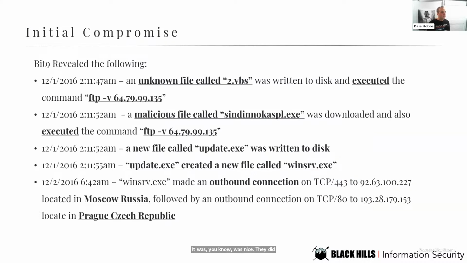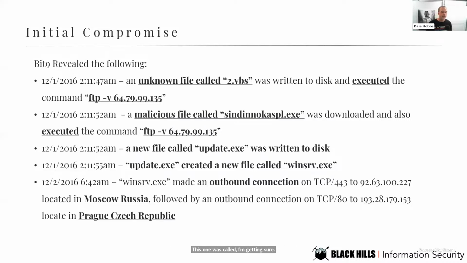All right, so how this actually played out, the infection itself, was that at 10 after 2 in the morning, an unknown file named 2.vbs was written to a computer, the Win701 computer. That process then executed an FTP connection to an external FTP server, at which point a second malicious file was downloaded to the same computer. This one was called, I'm not even sure how to pronounce that, sindinocaspal.exe.